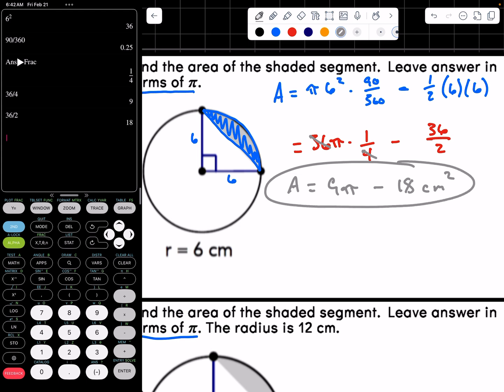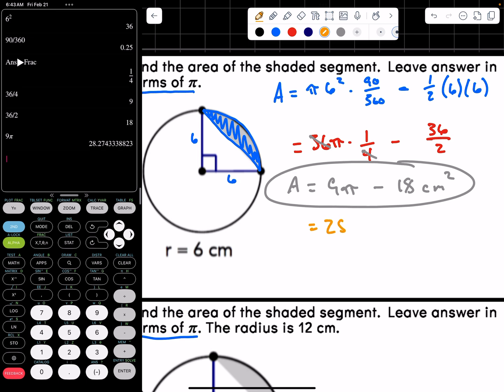But we can evaluate. 9 times pi is 28.274. I'll do it in a different color just to mix things up.